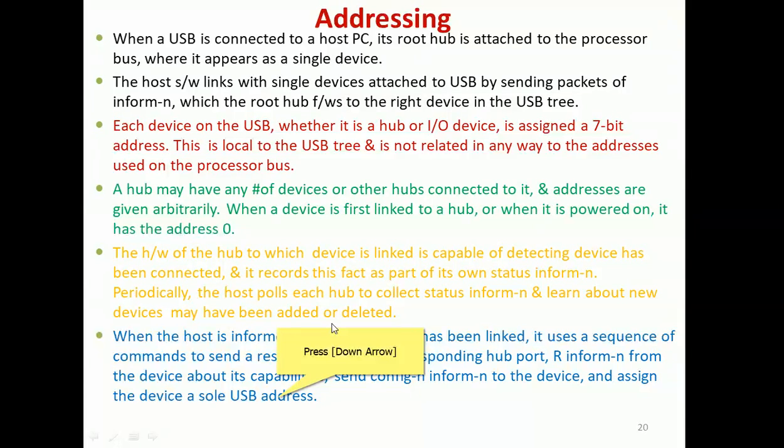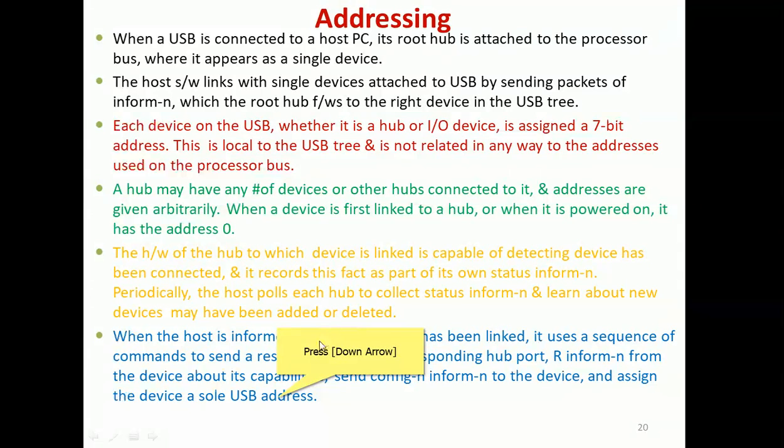The host uses a sequence of commands to send a reset signal on the corresponding hub port. A port is the physical point which can interface or establish the connection. It reads information from the device about its capability, sends configuration information to the device, and assigns the device a unique USB address.